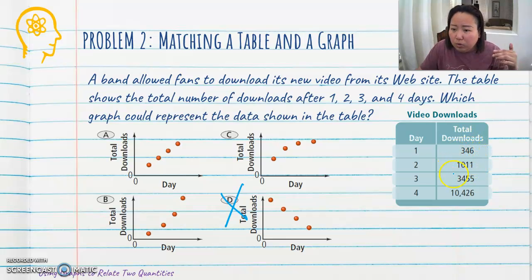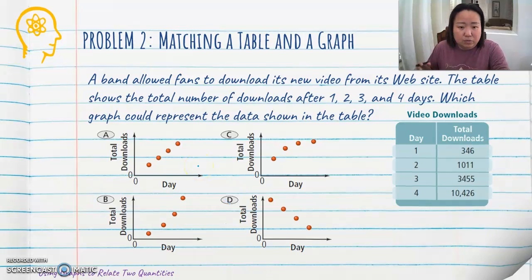Then from 1011 it became 3455. Can you say that it is also an increase of 700-ish? Definitely not. It's an increase of 2,000 something. There is no consistent increase, so between these 3 other choices, we can say that B is going to be our answer. There is a bigger increase every time.